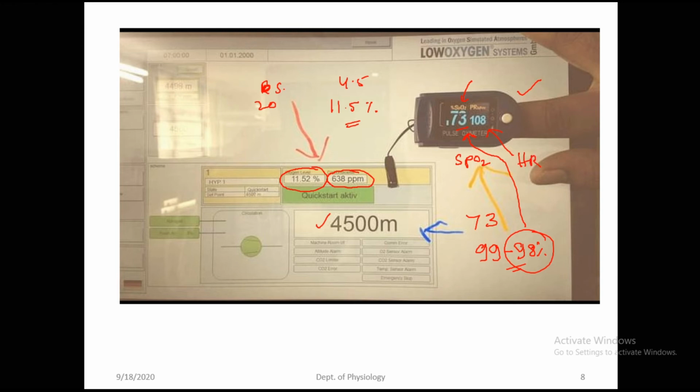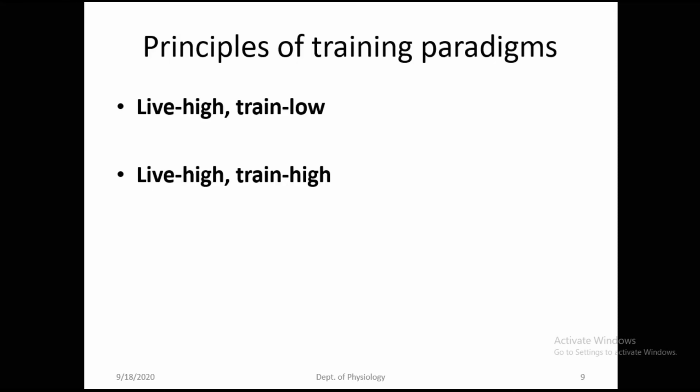This is the heart rate and oxygen saturation recorded by pulse oximetry at the 4500 meter altitude with 11.5% of oxygen content in the hypoxic chamber. This is about the technicality of the hypoxic chamber.